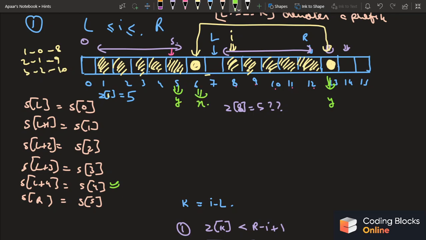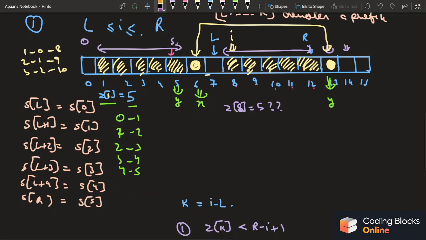So what does this mean? When z1 equals 5, simply what does this mean? It means that a substring of length 5 was equal to the prefix, right? So basically 0 was equal to 1, 1 was equal to 2, 2 to 3, 3 to 4, and 4 to 5, right? Basically 5 was not equal to 6, right? That is what I made, that this is character x and this is character y, both of them are different, right?